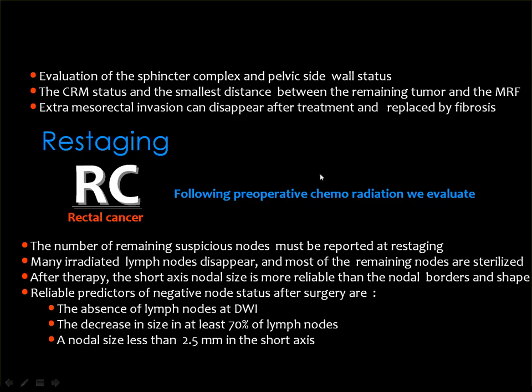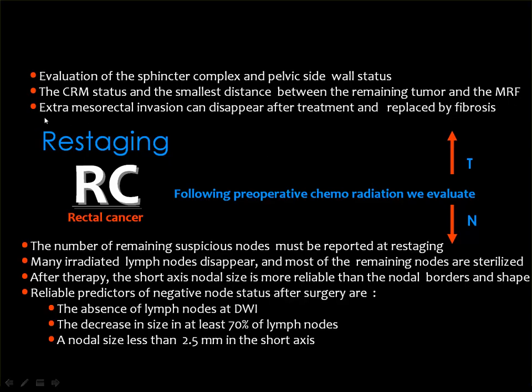And after preoperative chemo and radiotherapy, we want to evaluate the tumor and also to evaluate the lymph nodes. Then it's very important to see the relation between the tumor and the anal sphincter as well as the pelvic side walls, to assess the circumferential resection margin, which is the mesorectal fascia, and to detect the smallest distance between the tumor and the fascia.